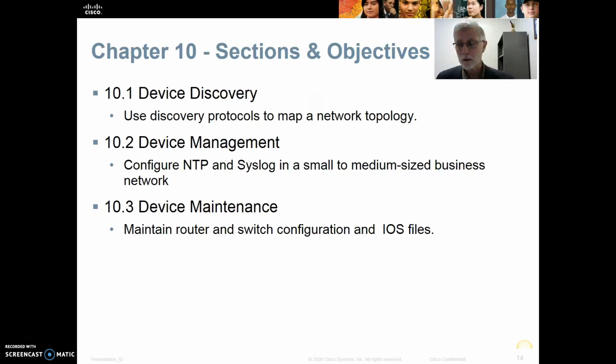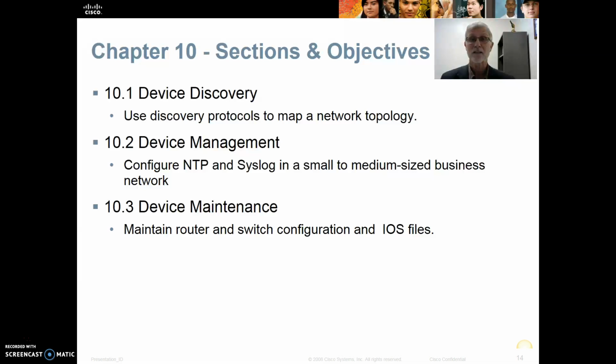This chapter, the last chapter in routing and switching essentials, is going to cover some administrative devices that an operator will need. Breaking down into three things. It's device discovery, what's in my network.